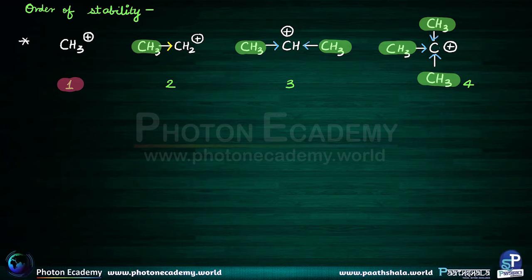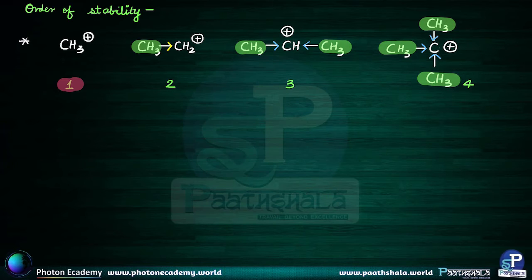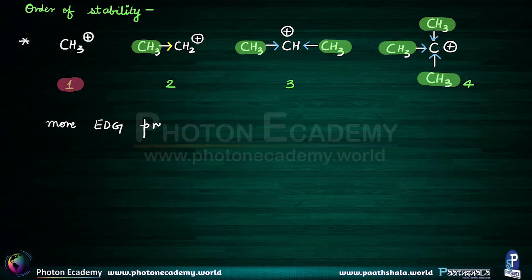Now, what we have previously done is, the more groups present which can donate electrons, the more is the stability.